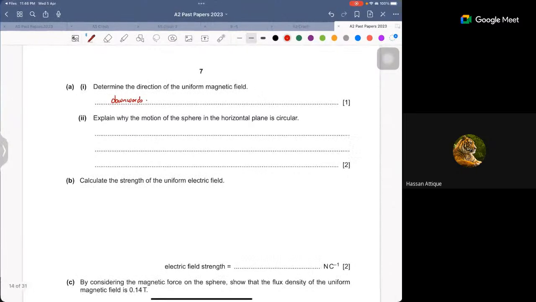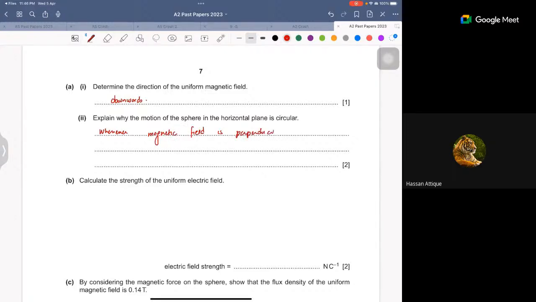Then it says, why is the motion of the sphere in the horizontal plane? Because this is a horizontal plane, so vertically it has to go down. So first of all, we would say that whenever the magnetic field is perpendicular to the motion, then the centripetal force is provided by the magnetic force.